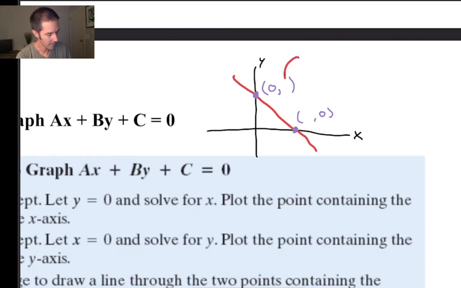How do I find this value right here? Well, if I know what my equation is, I know what my x value is, I can take the x, plug it in, and solve for y. Similarly, in order to find this x value, if I have my equation, I can plug in a 0 for y and solve for x.